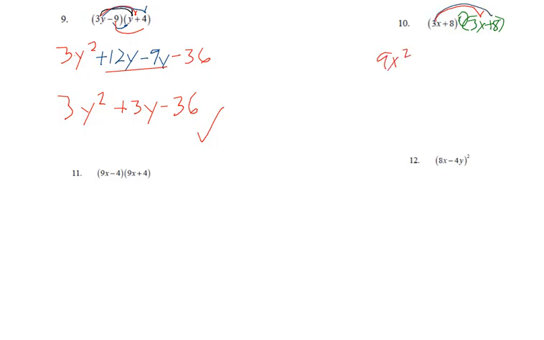Then 3x times 8 is 24x. Then 8 times 3x is 24x again. And finally, 8 times 8 is 64. Again, the middle terms combine, so you get 9x² plus 48x plus 64.